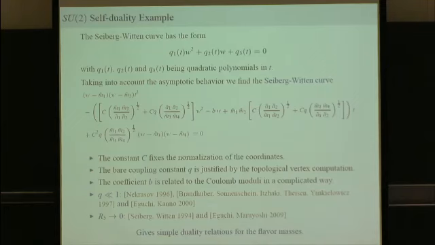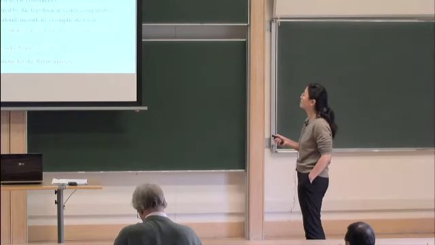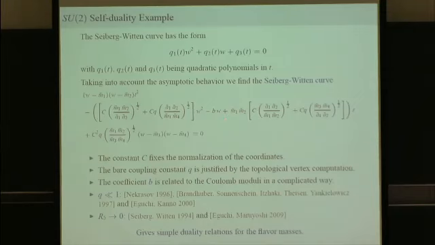So Q, as I have already briefly explained, should be the coupling constant. And what is not determined is this part B. This one should be related to the Coulomb moduli, but the relation is very complicated, so we never determined it for the curve.